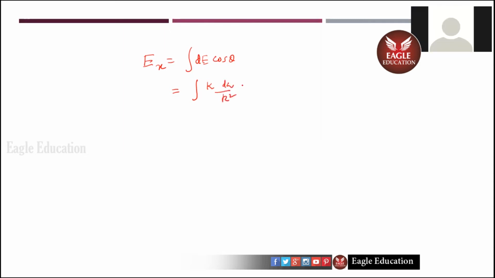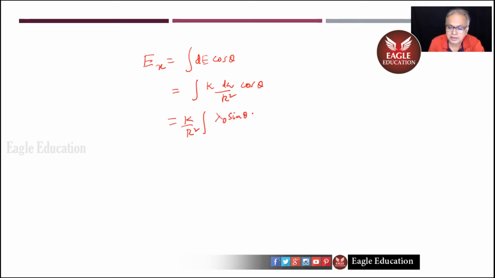I wanted to write in one step, but you are not telling me. So K by r square, lambda dx, that is lambda naught sin theta r d theta into cos theta. Isn't it so? dq is lambda dl, whatever here. So lambda into r d theta, but lambda is lambda 0 sin theta.